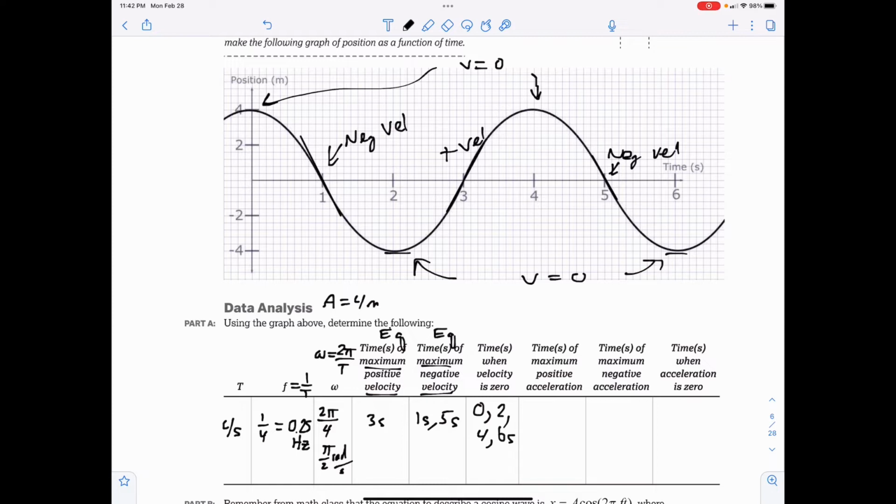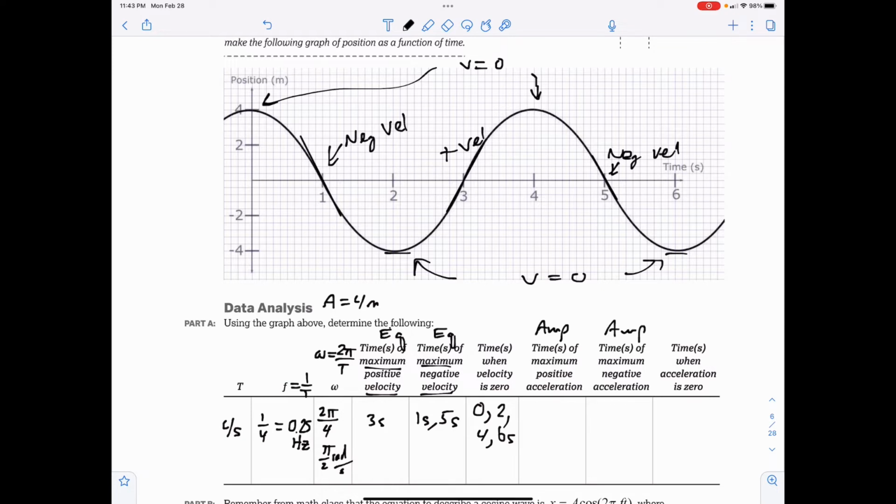All right. Now, the next one is times of maximum positive acceleration. Well, that's going to occur at amplitude. And then maximum negative acceleration is also going to occur at amplitude.